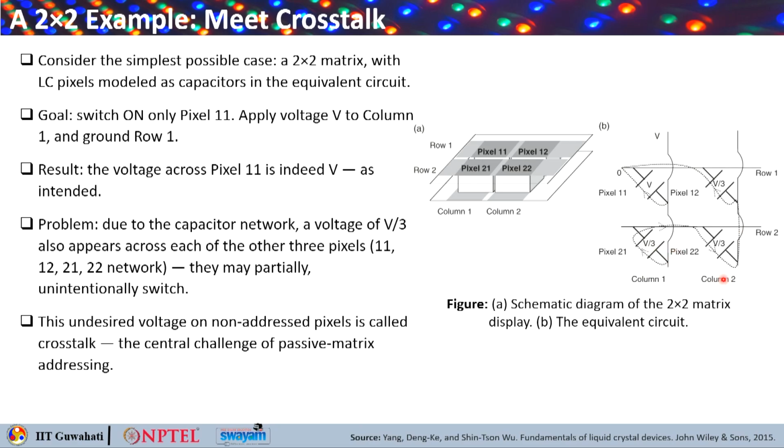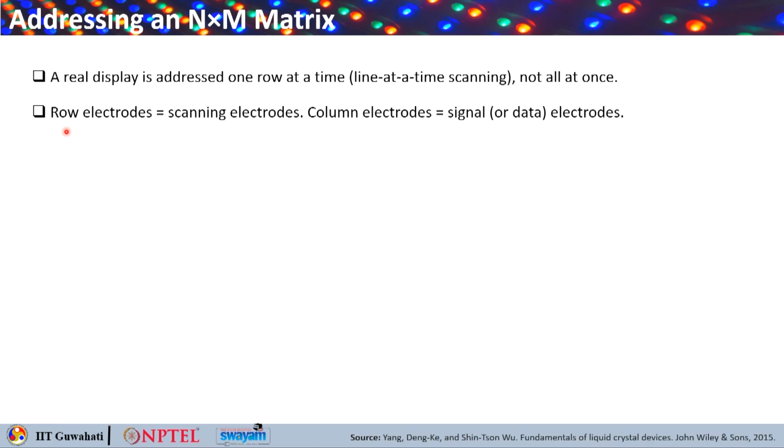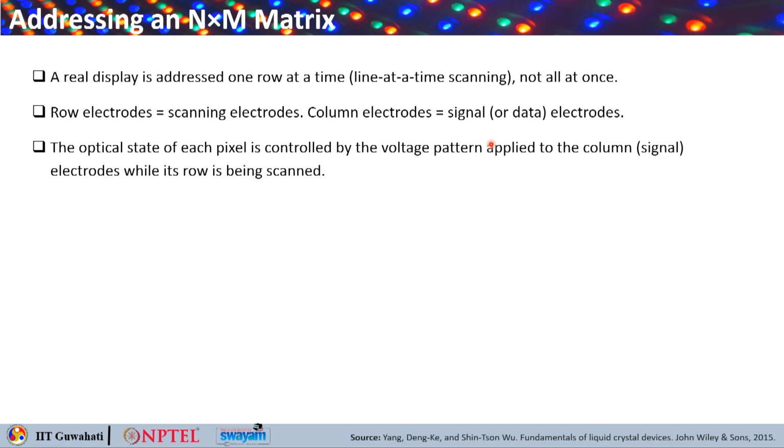Okay, a real display is addressed one row at a time, so it is called line at a time scanning. You are not scanning all the rows at once. So the row electrodes can also be called the scanning electrodes, and the column electrodes can be named the signal or data electrodes.